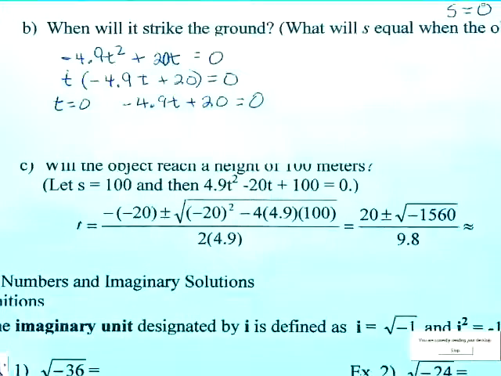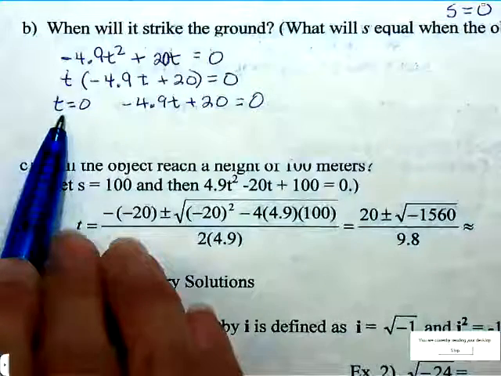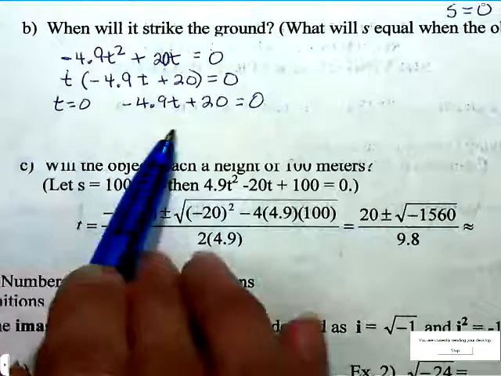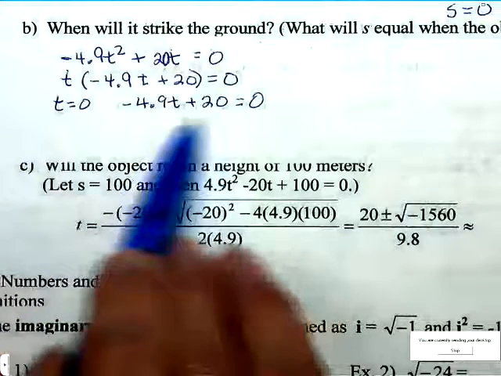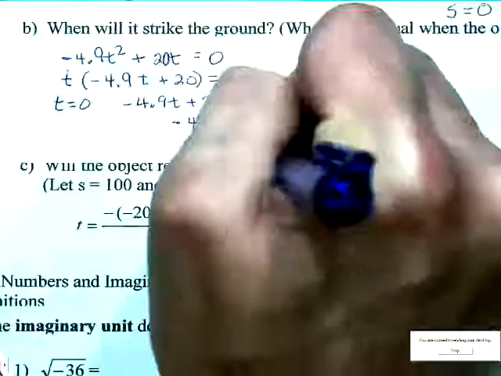You already have one of the times that the ball is on the ground, at 0 seconds, because the ball started on the ground. But this other equation can be solved to find the other time that the ball's on the ground. Since it's a linear equation, just subtract 20 from both sides and then divide by negative 4.9.